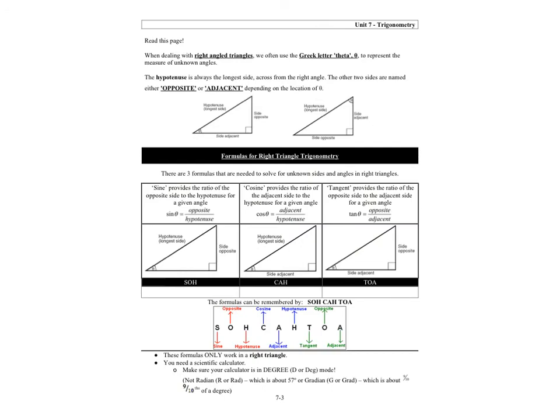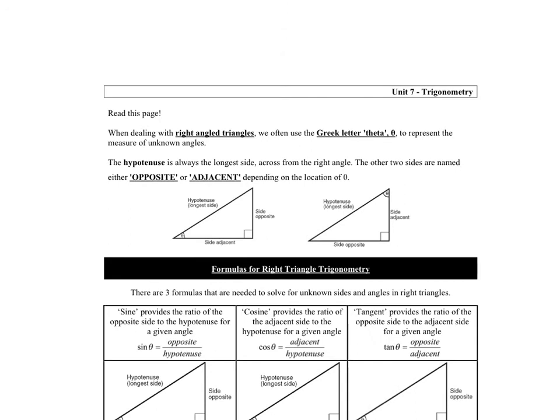This page I just want you to read through, okay, kind of goes over SOHCAHTOA and your different trig ratios, but I will point out some things. Okay, so what we're dealing with here, sine, cos, and tan, that opposite over adjacent, that kind of thing, it's only for a right triangle, okay? Theta is just used to represent an unknown angle.